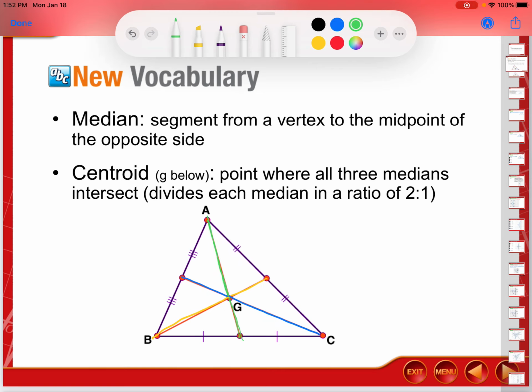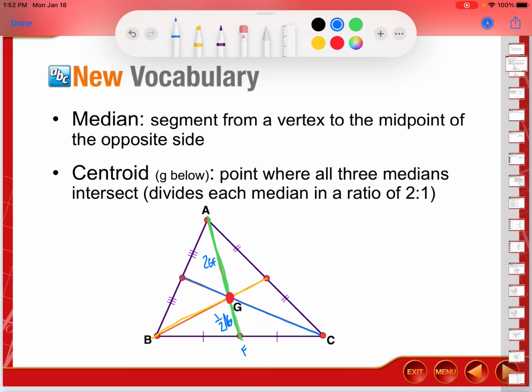If we just look at our green one right here, and we have point G right here in the middle-ish of the triangle, that will divide AG into two segments, and this top segment is going to be twice as long as the bottom segment. Let's just call this F. So AG is 2 times GF, and then GF would be 1/2 of AG.